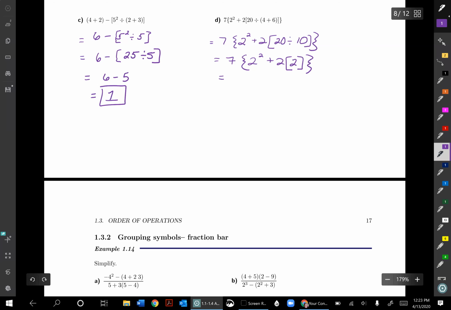Okay, to finish it up, we have 7 times the brace, and then we would have exponents. 2 squared is 4, plus 2 times 2 is 4, and our brace, and then we have 7 times 8. At any point when you're sick of making the braces, you can turn them back into parentheses. That's fine. 7 times 8 would be 56, and that's our final answer for that one.